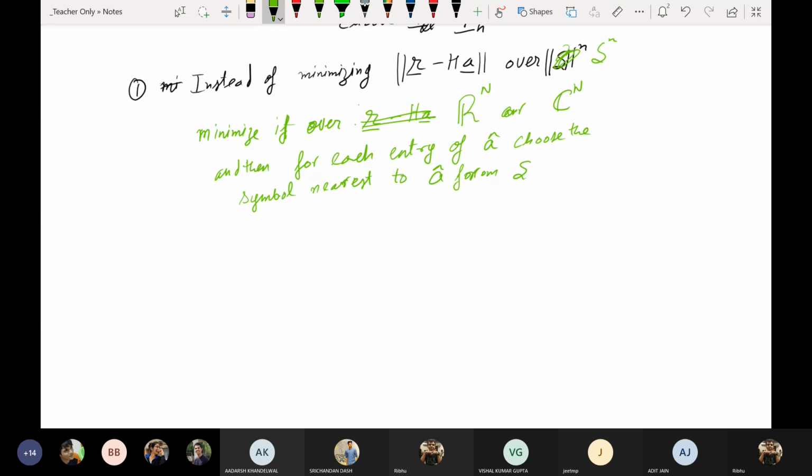It is bigger, but we have the luxury of continuity.